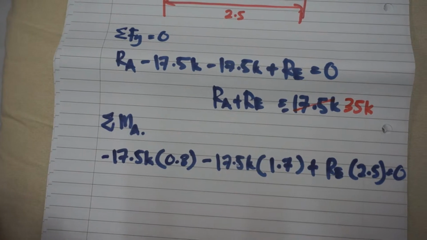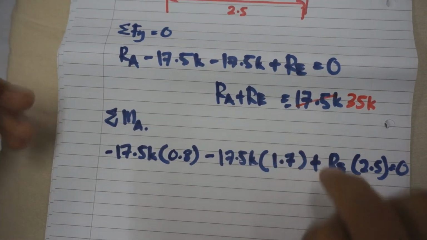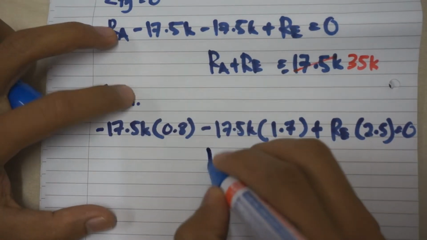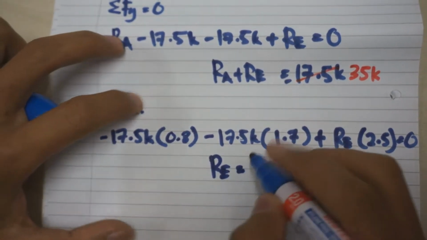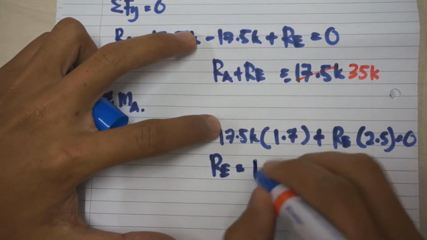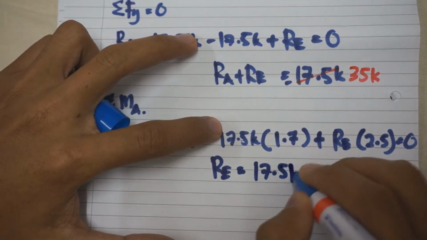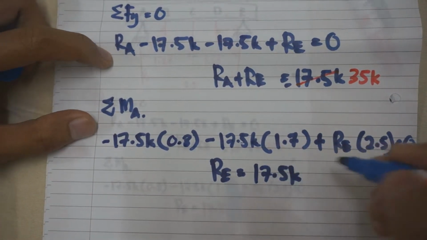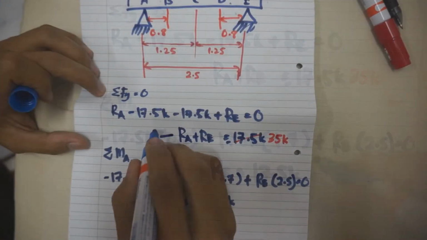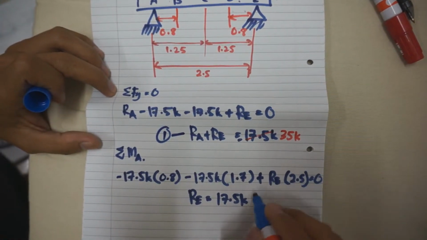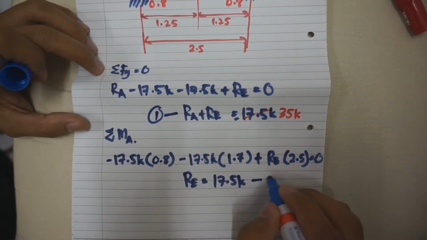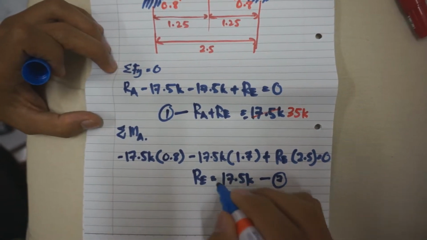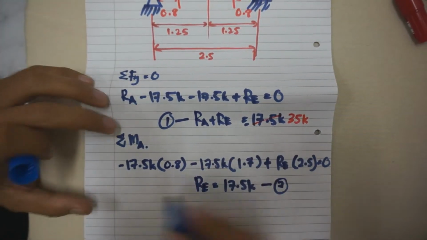Okay, now we have to simplify until we get the amount of Re. The Re is 17.5k. So this is the first equation, and this is the value of Re. So we substitute the value of Re into the first equation.